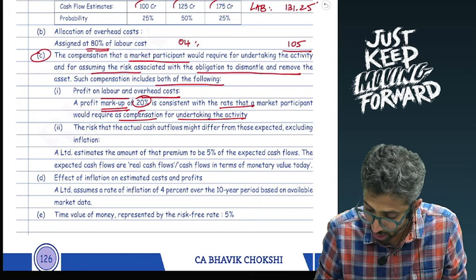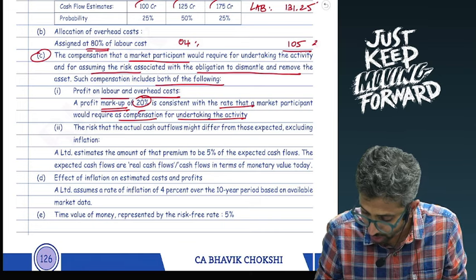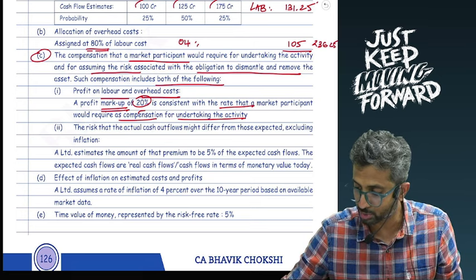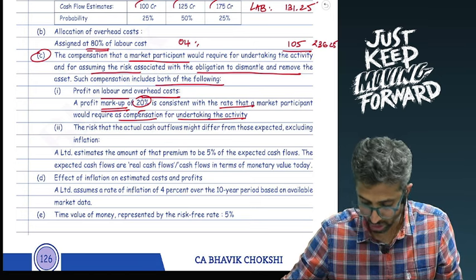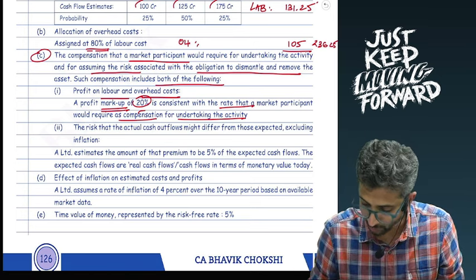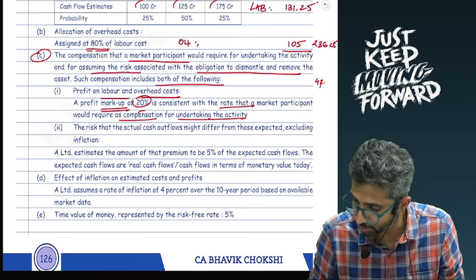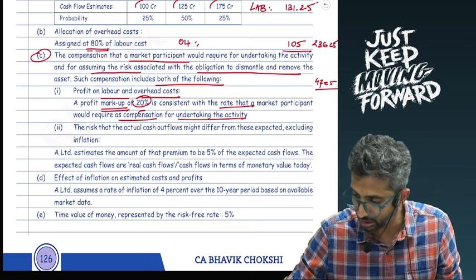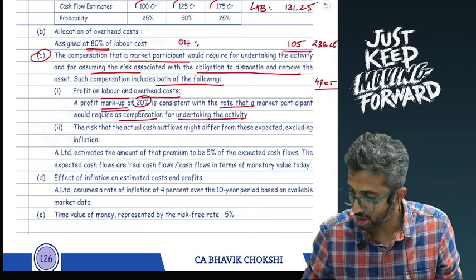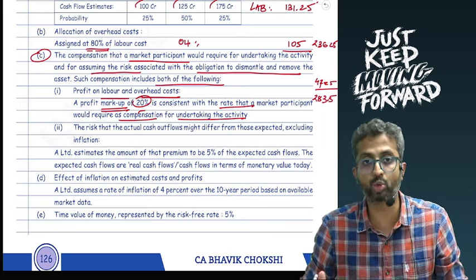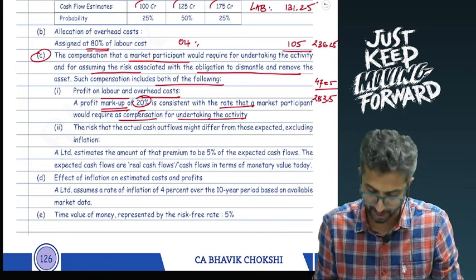So basically, if I total both of these, it is around 236.25. So if I take 236.25 into, let us say 20%, that comes to around 47.25. So if I total this up, this comes to probably 283.5. So maybe a market participant would ask for 283.5.